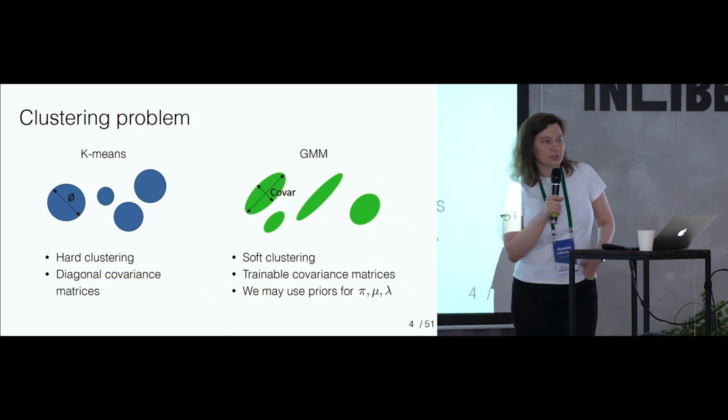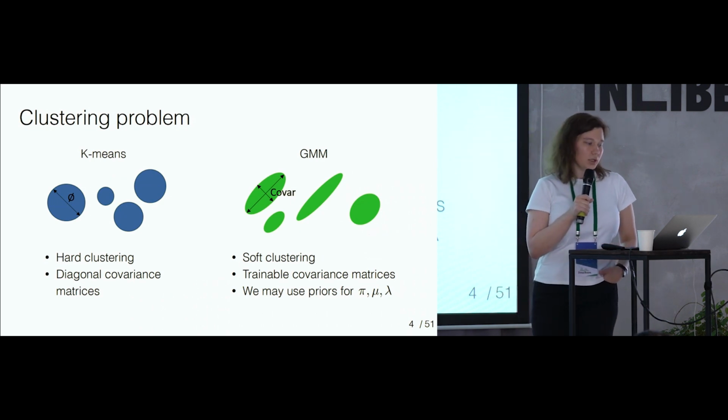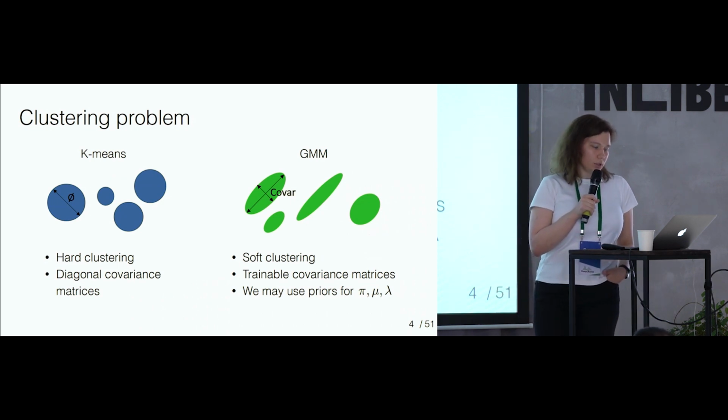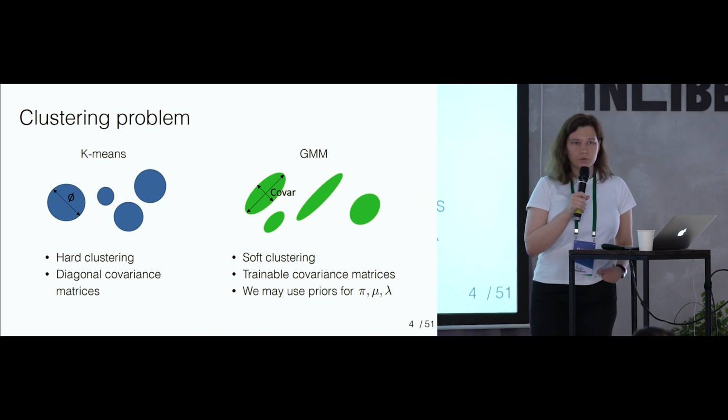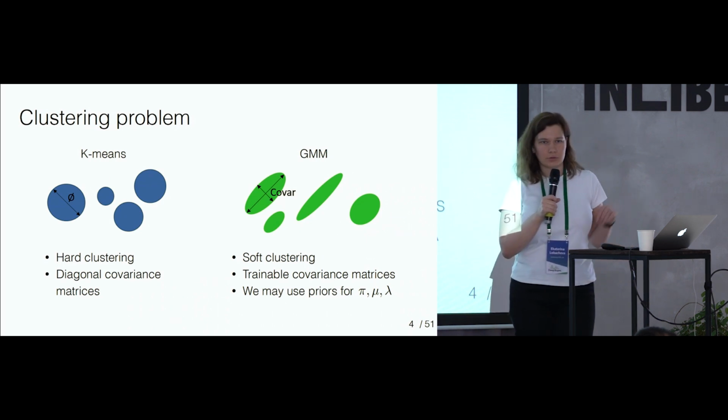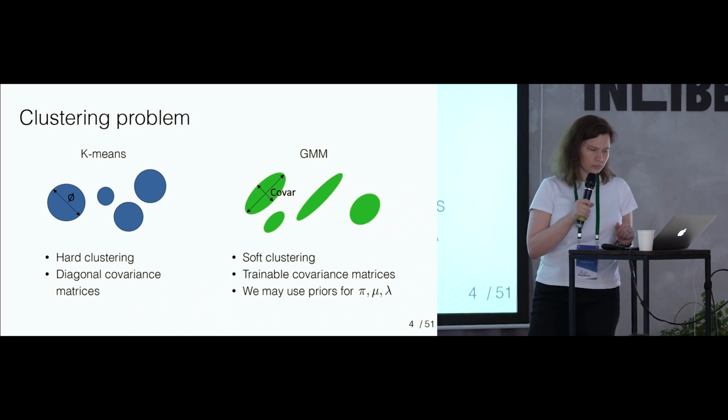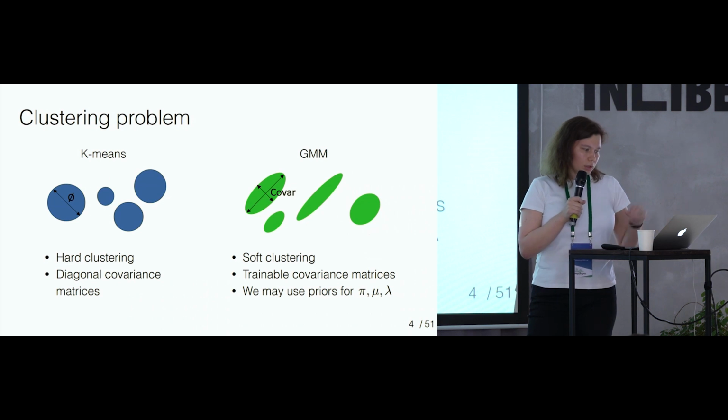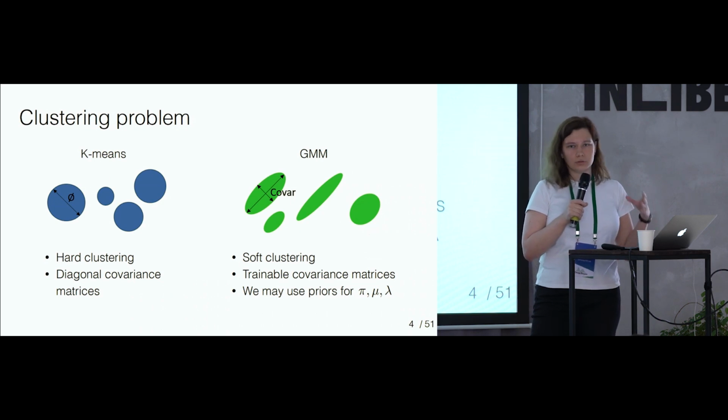This is just a little reminder what is the difference between k-means and Gaussian mixture model. Gaussian mixture model is a bit wider, I think. So in k-means, usually you do hard clustering. So for each point, you just choose one cluster. And usually your clusters are round, because you have a metric in your space, and for example, Euclidean metric gives you round clusters. And in Gaussian mixture model, you do soft clustering.